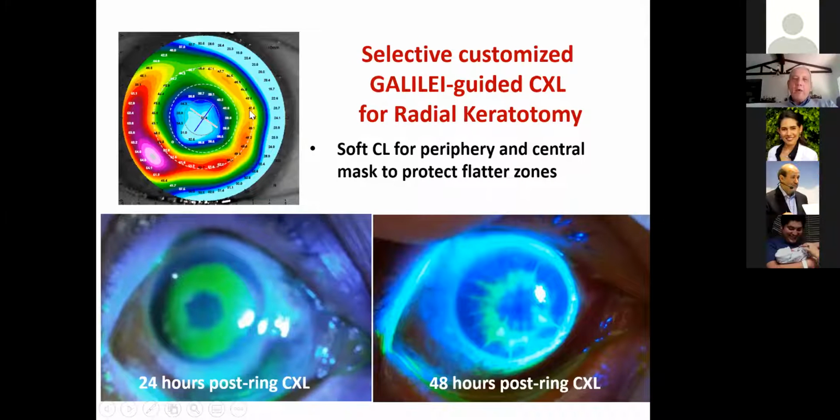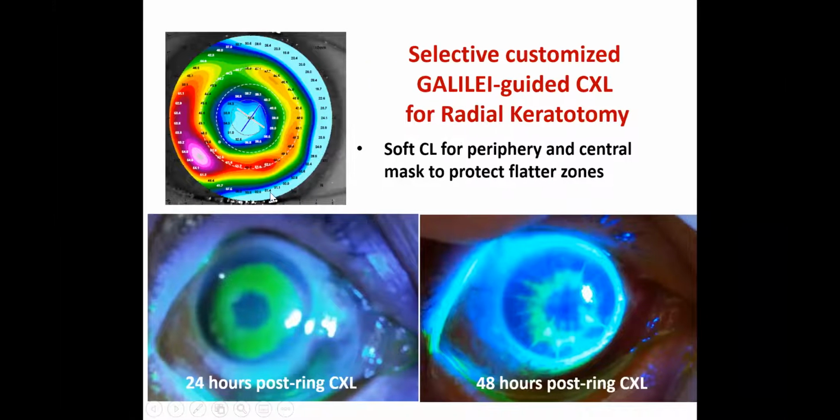But also, we already have several cases of radial keratotomy made customized, selective, Galilei-guided, only in the elbow of the incisions, which is represented by this red-orange donut around the flat area, which produces the hyperopia in these patients.